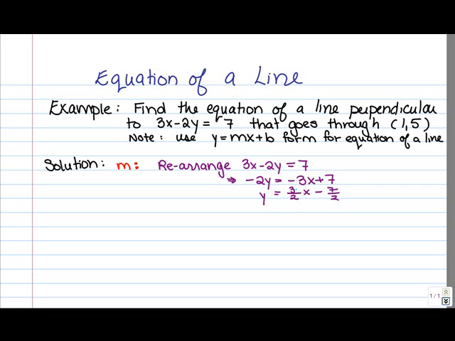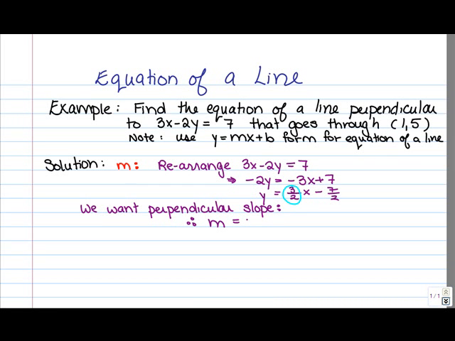What we're interested in is the slope of this line, which is 3/2. Our slope is the negative reciprocal of this number, so we want the perpendicular slope. So, I'm just going to write three dots in front, which means therefore.